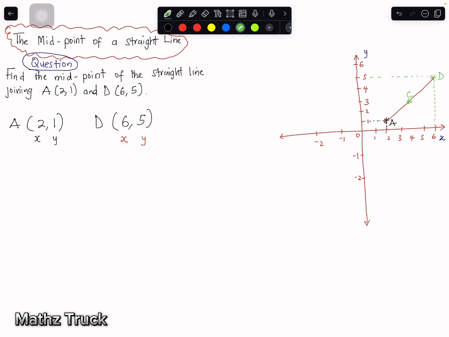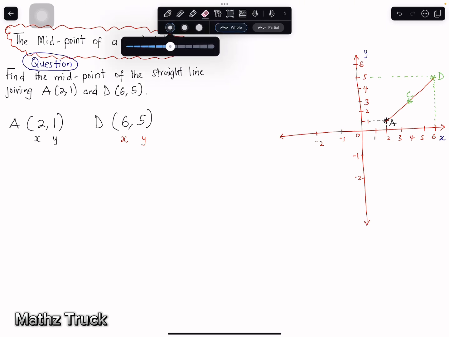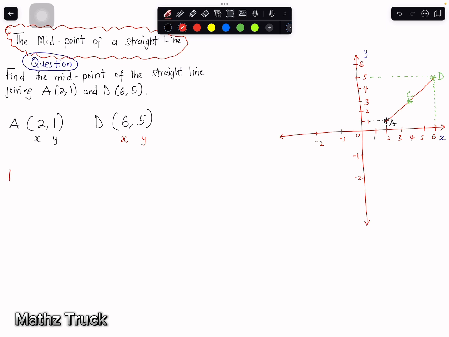Now, let's use this formula. Midpoint, we can always use x1 plus x2 divided by 2, y1 plus y2 divided by 2.